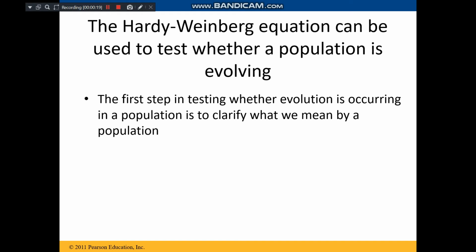That means whether the population is evolving or not. Evolution should happen in a population. That's why you can apply this Hardy-Weinberg equation to a population. Then you can clarify whether this is happening or not.